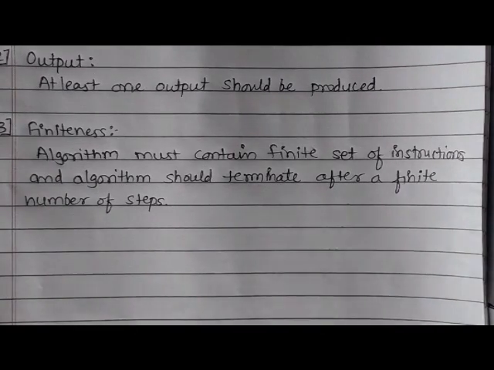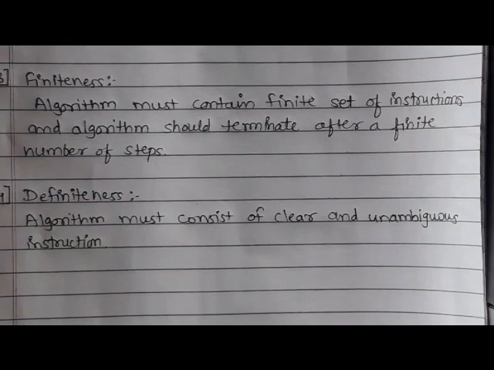So this is finiteness. The next characteristic is definiteness. The algorithm must consist of clear and unambiguous instructions. It means every instruction should be clear and not confusing.